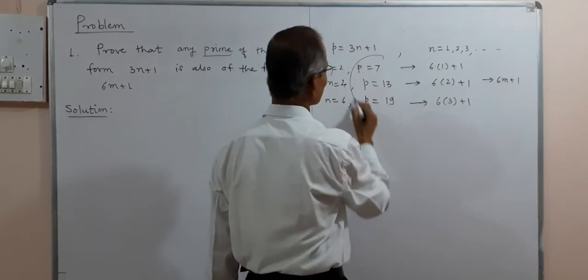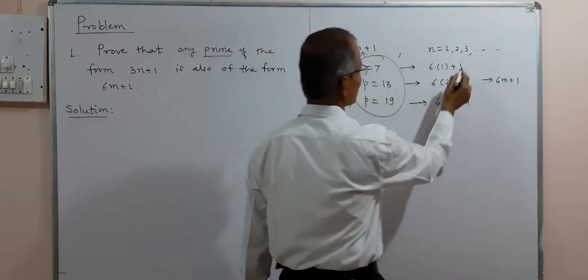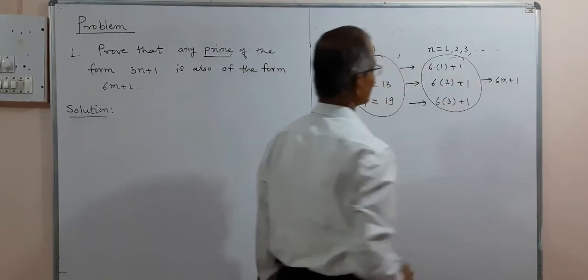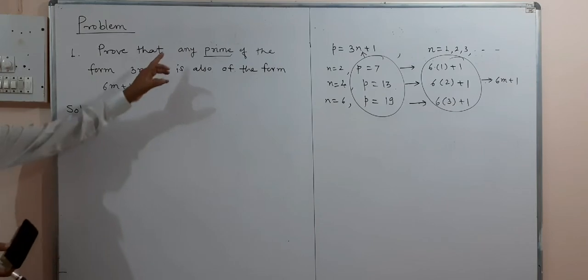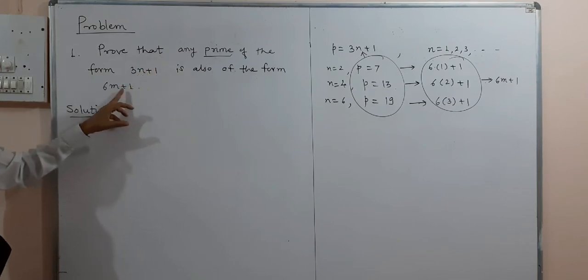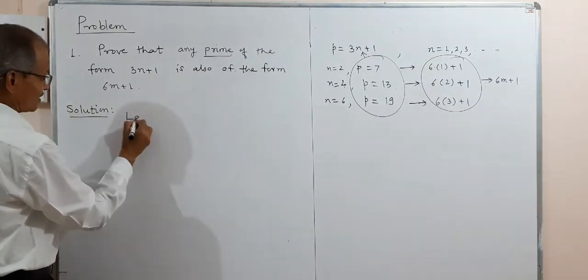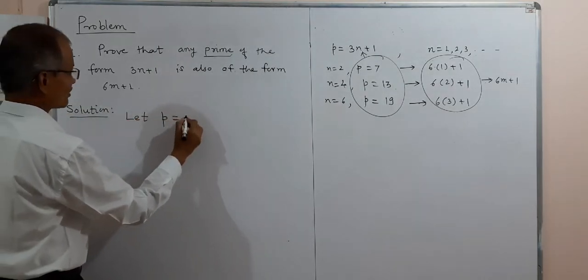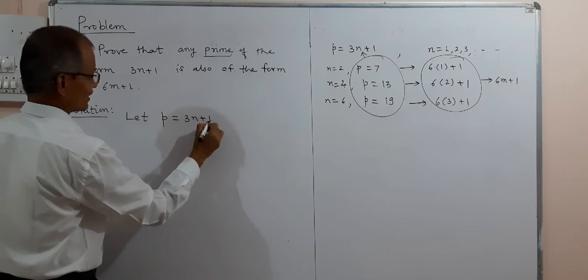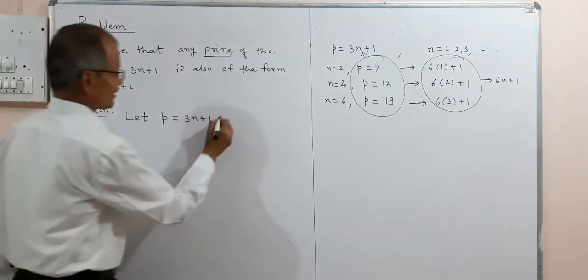These are of the form 3n plus 1 and these are of the form 6m plus 1. So any prime which is of the form 3n plus 1 is also of the form 6m plus 1, that we have to consider. That we have to prove. Let p is equal to 3n plus 1 be a prime.